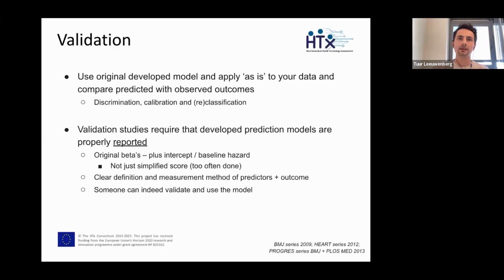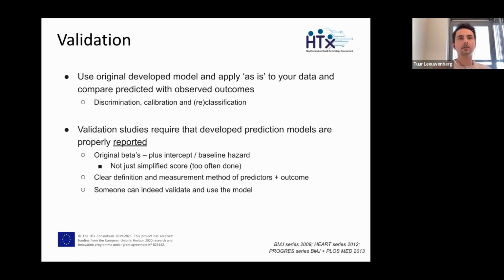Yeah, and there are different ways to validate this model, or different aspects to look at. The aim is that you take the developed model and apply it as is to new data from unseen patients, and you compare what the model predicts with what is observed in those data.